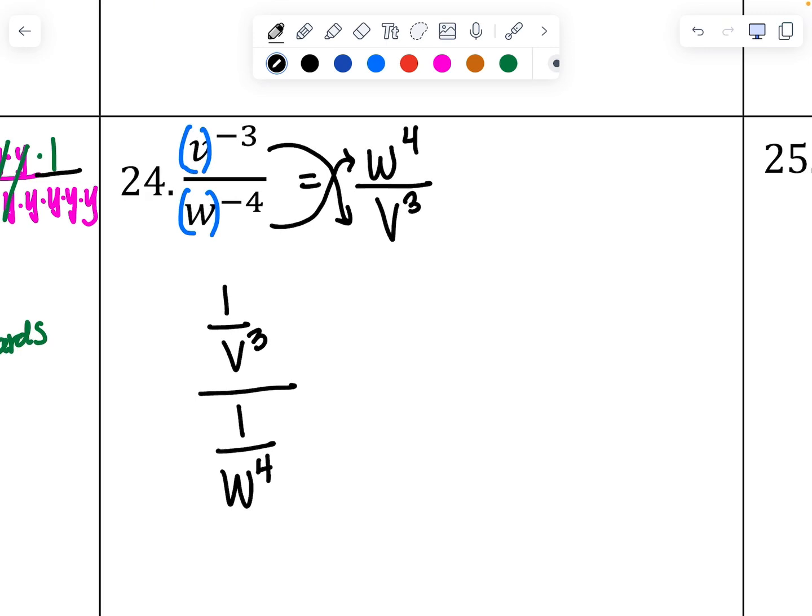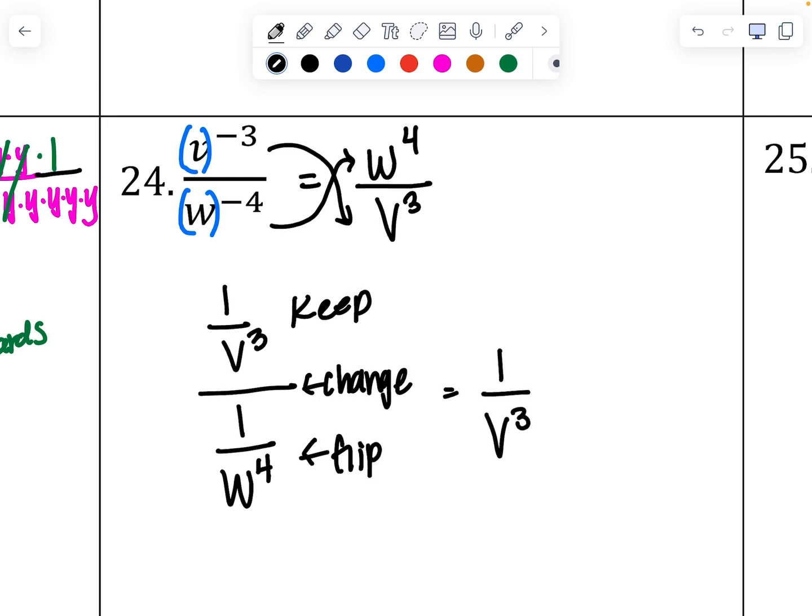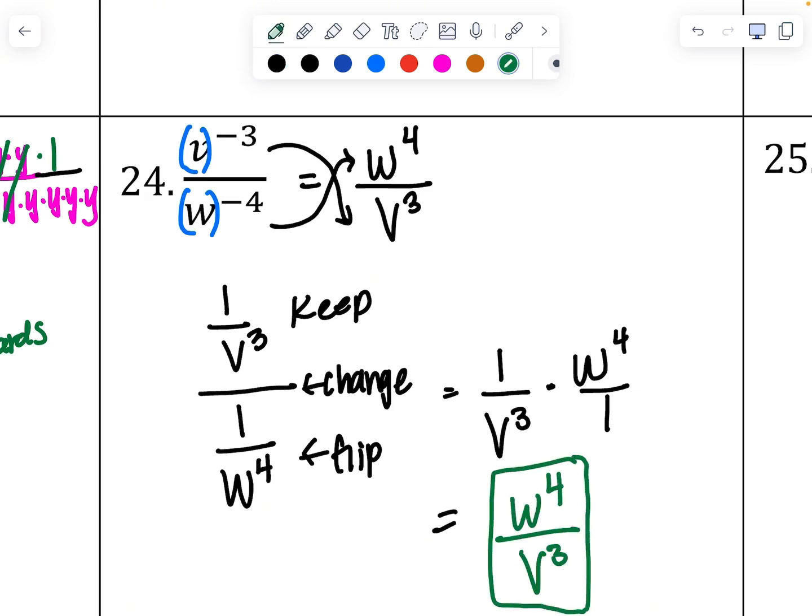And you just keep, change, flip. Keep, change, and flip. This gives you 1 over v cubed times w to the 4th over 1, which is exactly what David said, w to the power of 4 over v cubed. Very, very good job. Keep, change, flip. Okay.